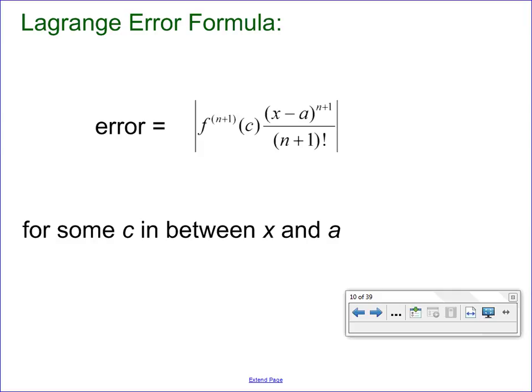The thing is that we don't know necessarily what that c is. And so even though this formula is super powerful and tells us that the error is exactly equal to this, we typically try and choose the largest value of this derivative and then just bound the error by saying it's less than or equal to that maximum produced.